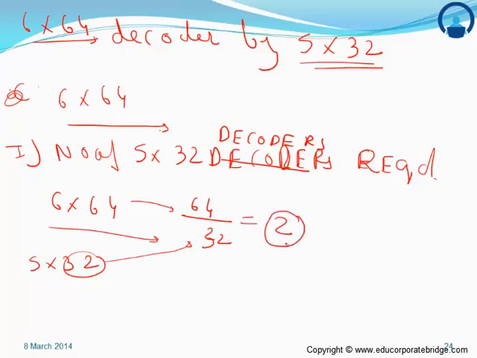Now since this is not 1, we take again 32, and 2 divided by 32 is less than 1, so we directly take it as 1. So the total number of 5 cross 32 decoders required to construct a 6 cross 64 decoder is 2 plus 1, which gives 3.